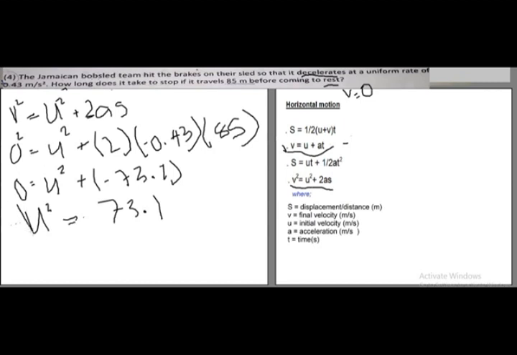So we take the square root on both sides to solve for u. So when we take the square root on both sides, u, the initial velocity, is equal to 8.55 meters per second.